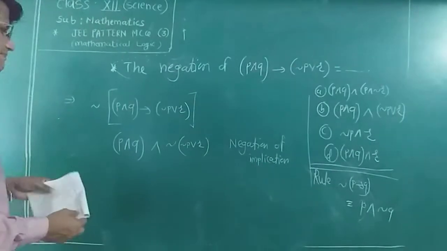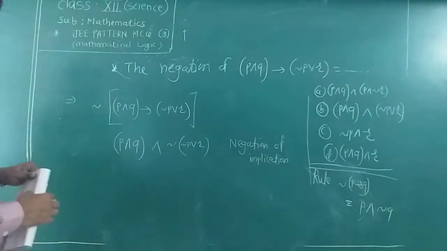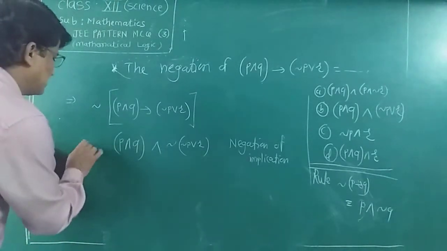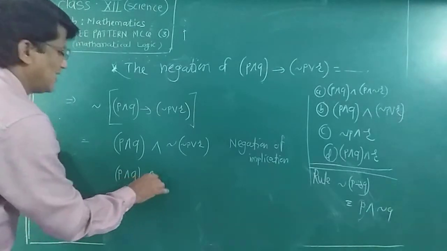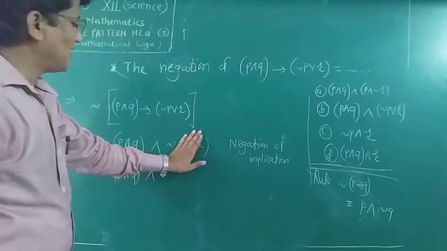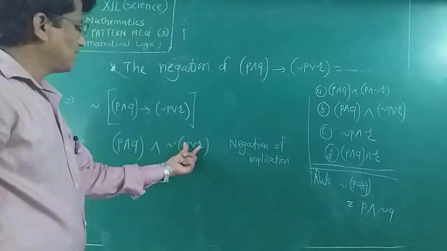By using negation of implication, see one more step. P and with Q as it is here, and again outside the bracket there is a negation, and in between R.